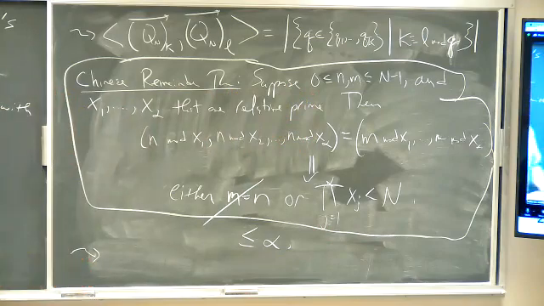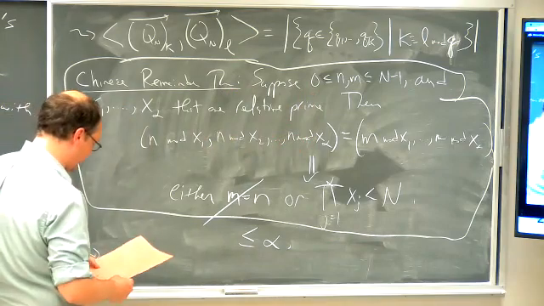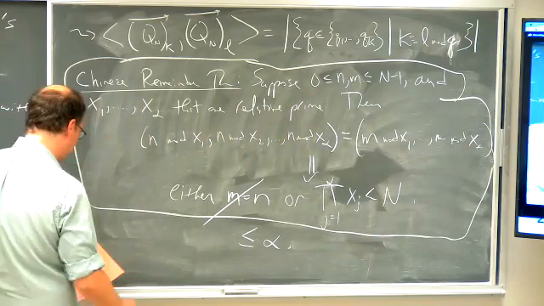Okay. So if you want to know how many rows you can get away with in this construction, which is a very good type of question to ask, we can talk about that.